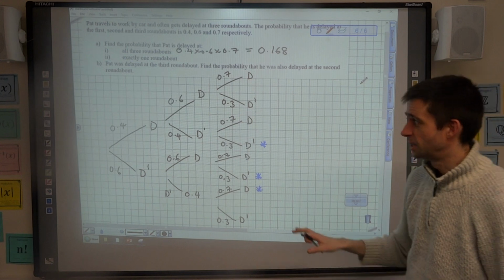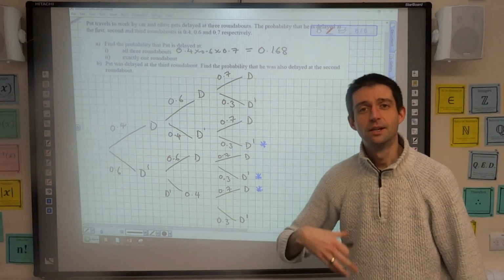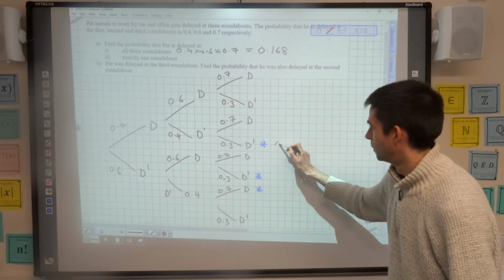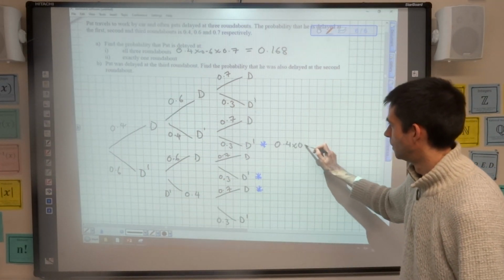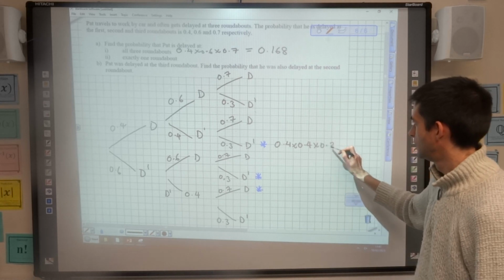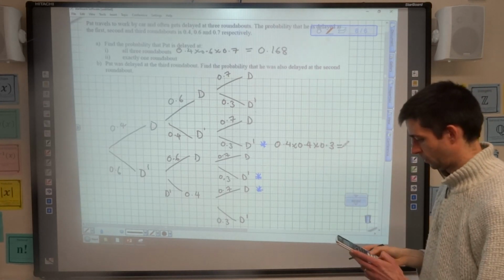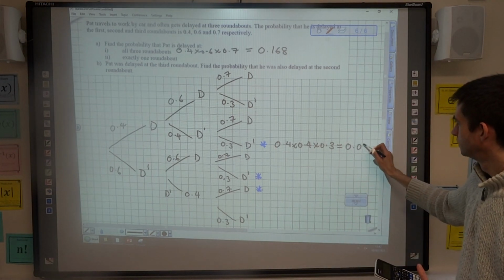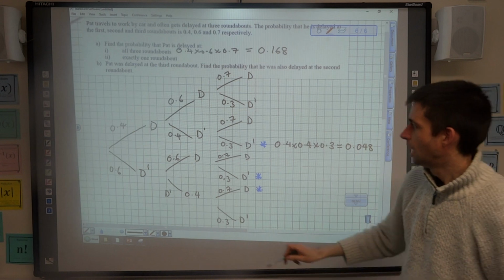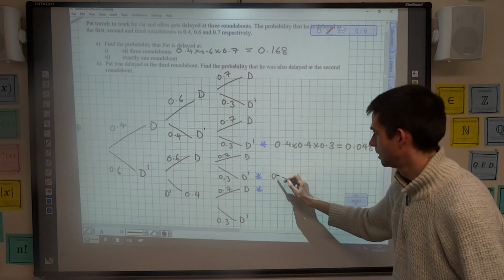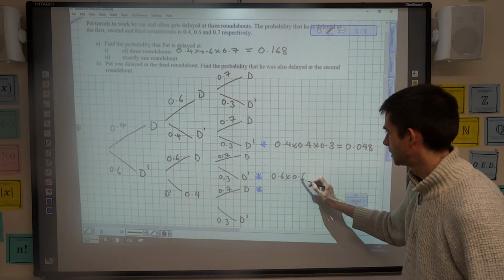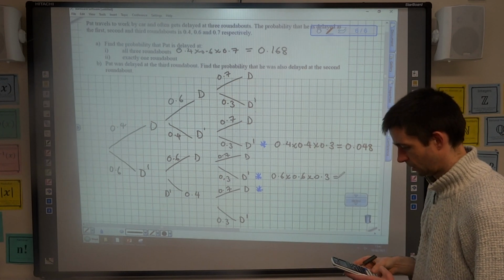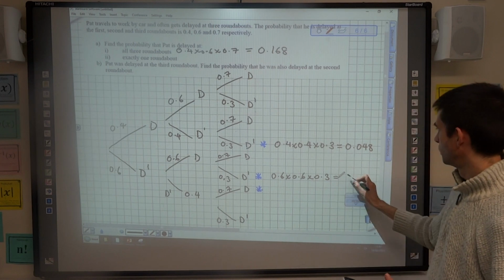So working out the probability of each of those 3 events separately and then adding them up will find the overall result. So 0.4 times 0.4 times 0.3, which I think is 0.048, but it's always nice to check these things. Yeah, 0.048. Second one we've got 0.6 multiplied by 0.6 multiplied by 0.3, 0.108.